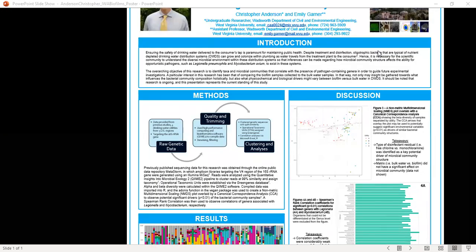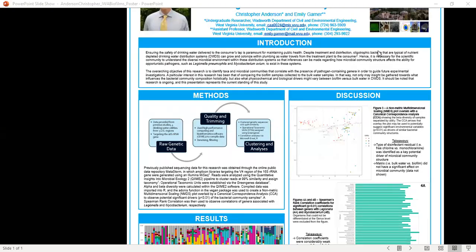Then alpha and beta diversity were calculated within the QIIME2 software, and the compiled data following that was also imported into R to look at non-metric multidimensional scaling, to see what potential significant drivers of the bacterial community might have an effect on the overall composition and diversity within them.